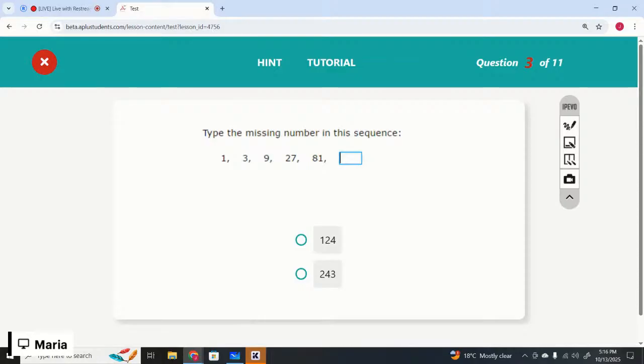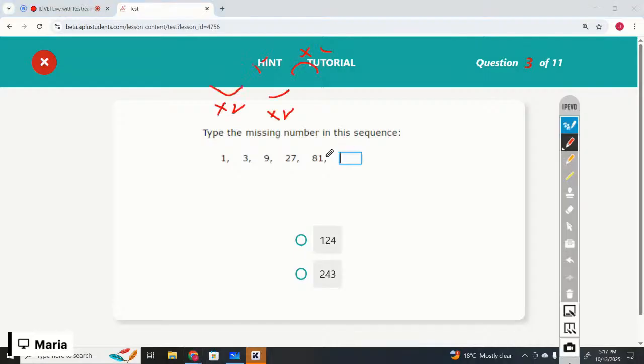Type the missing number in the sequence. So which number is missing? So 1 times 3 is 3. 3 times 3 is 9.